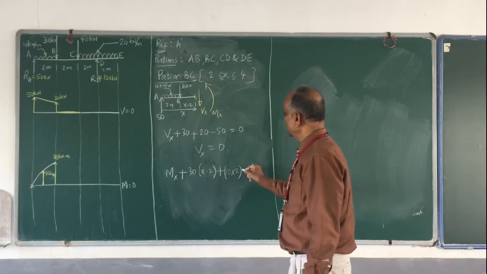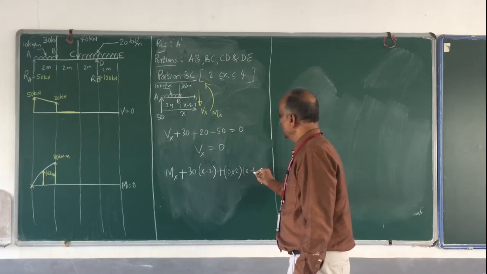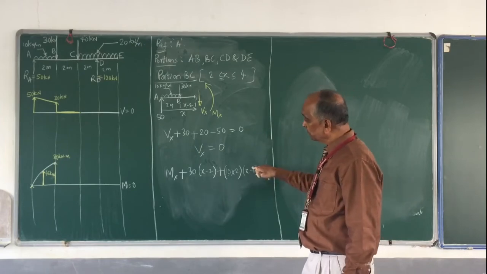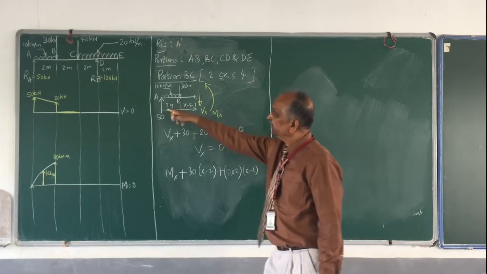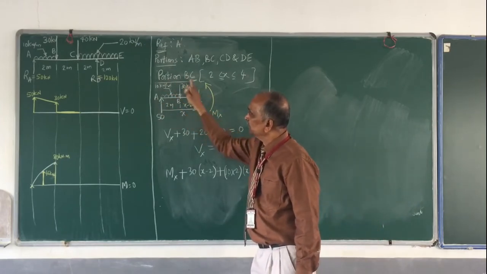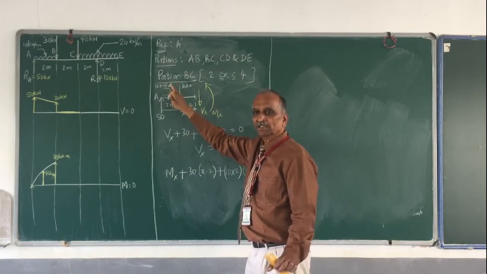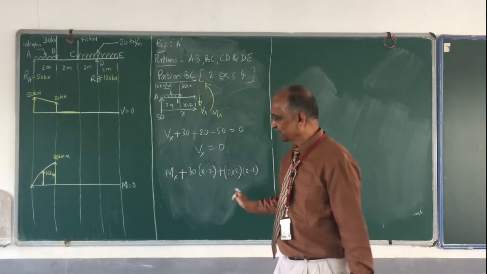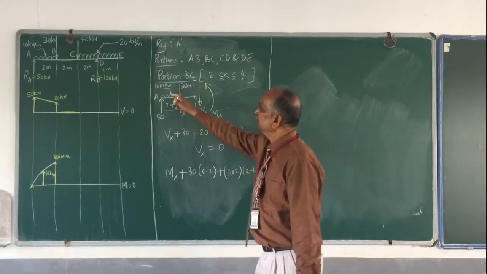So therefore 10 into 2, x minus 1. By chance, if you have any difficulty writing this, please draw this diagram once again, replacing the UDL by a point load. You will get the same thing. Okay, then this is over.